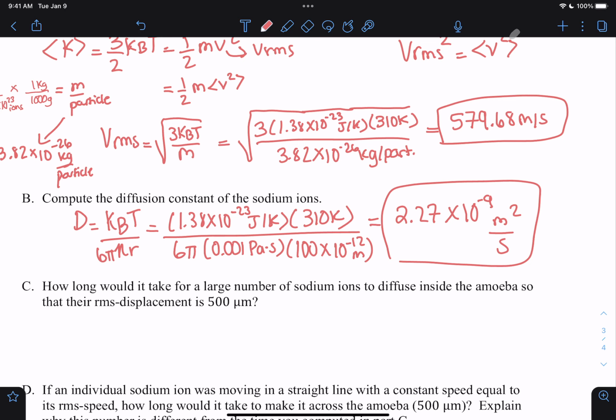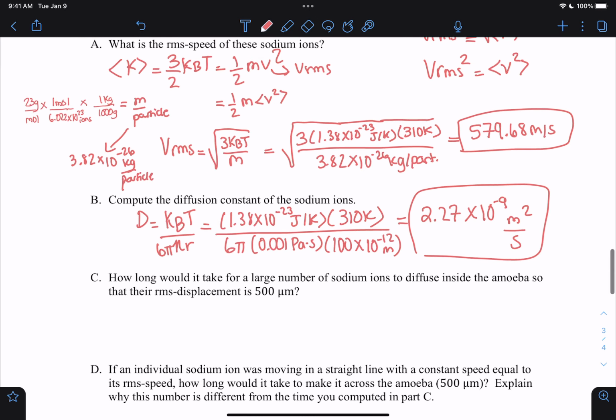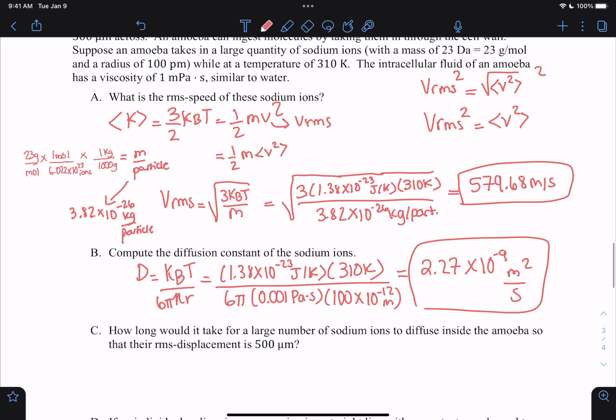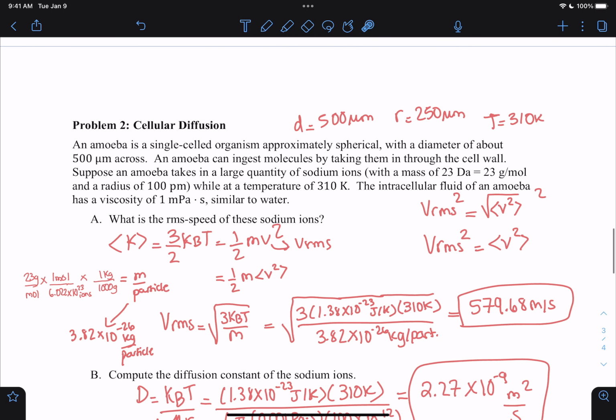Sound good for part B? Any questions at all? And for 100 picometers, because I know some people might have an issue with this part, I just do this: I know that 1 picometer is 10 to the negative 12 meters. So if I take 100 times 10 to the negative 12, that's how I get the number of meters.